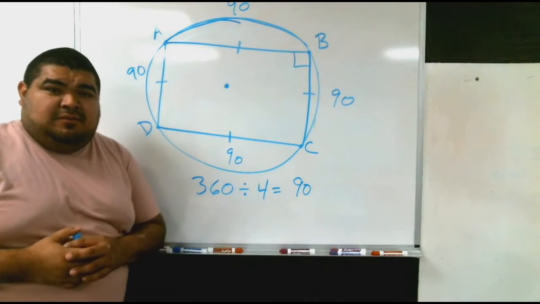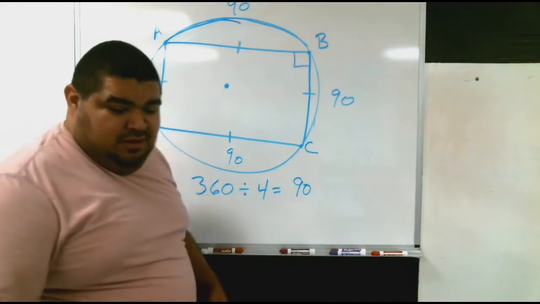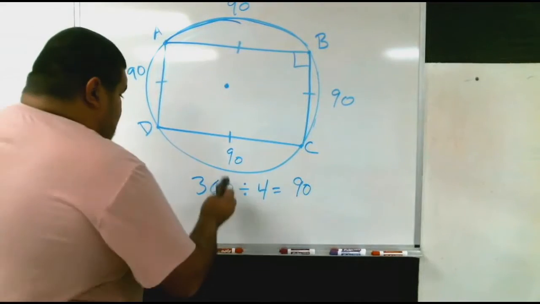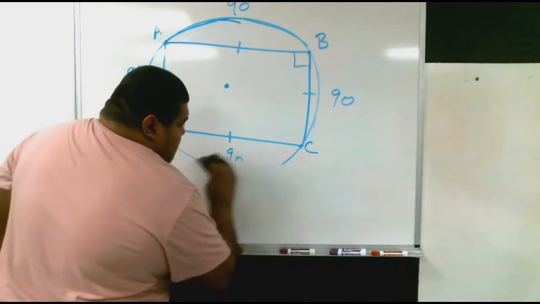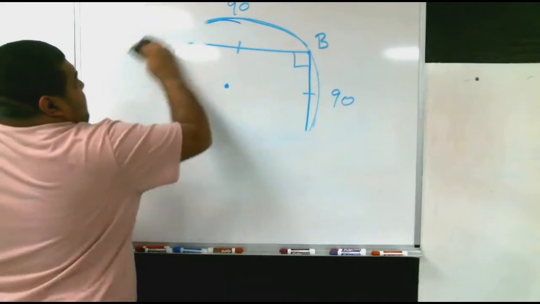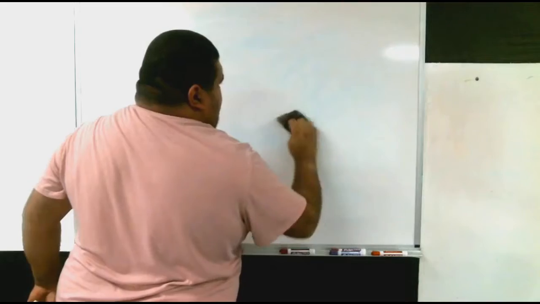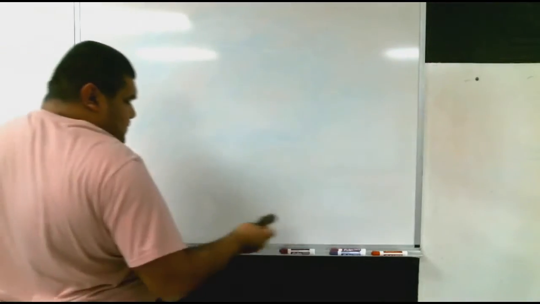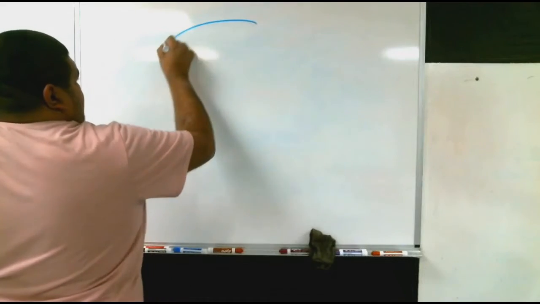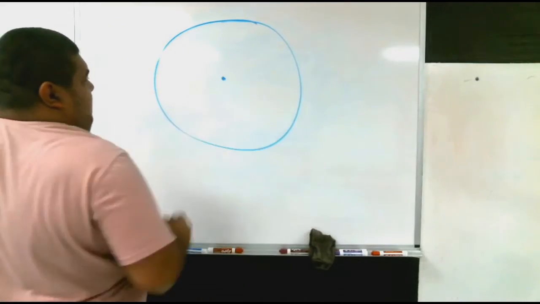Alright. Let's do one more just to be on the same page. Make sure you write it down. This time we're going to do another shape. Again, we have our circle, we have our center.